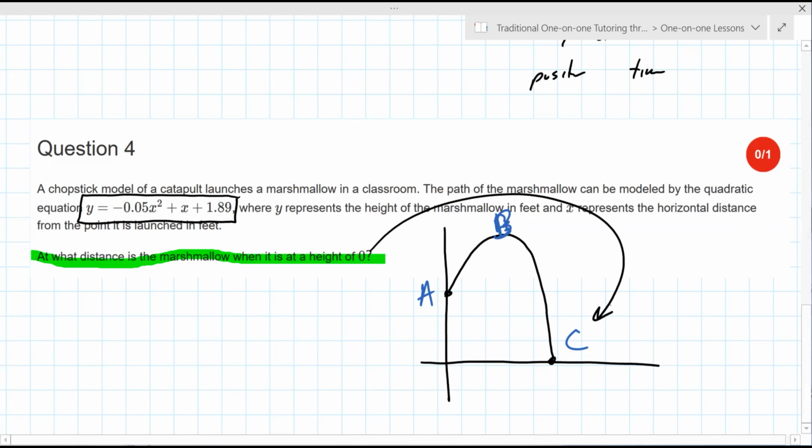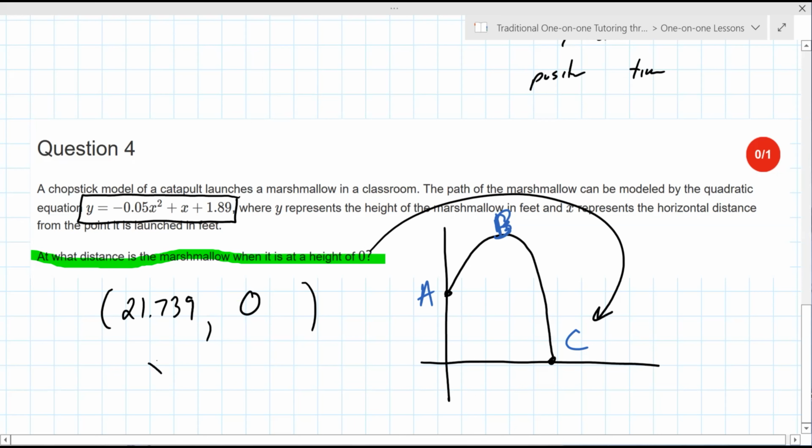Could you graph this for us and give me the coordinates at C, please? The XY pair at C. 21.739, 0. Good.